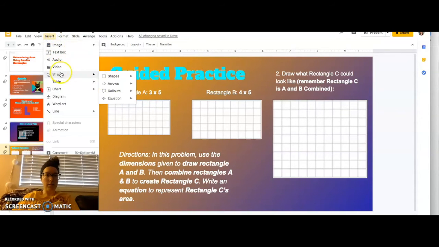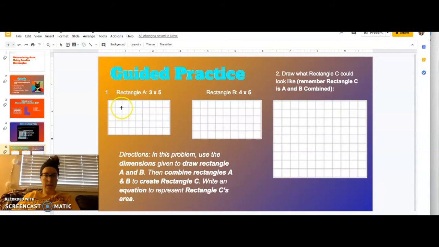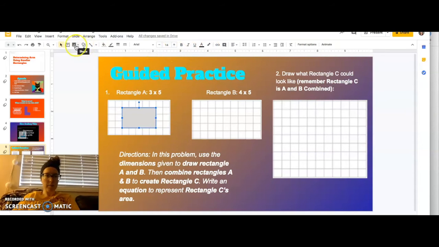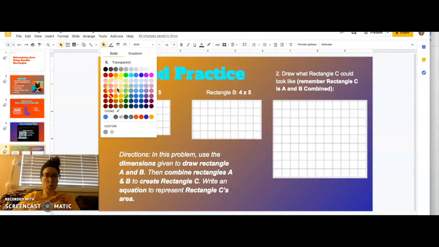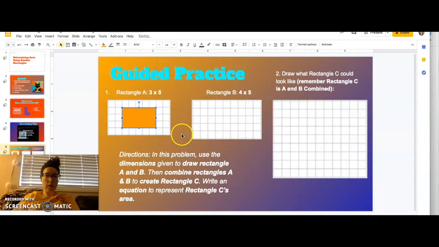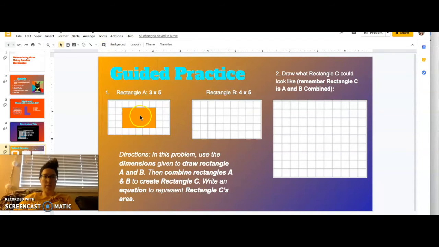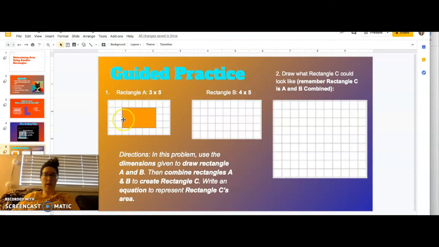So let me insert a shape. And we're going to go 3 down, and then 1, 2, 3, 4, 5 across. And there we go. Let's make it a fun color. Make it orange. Okay, so now I have 3 length, 5 width.